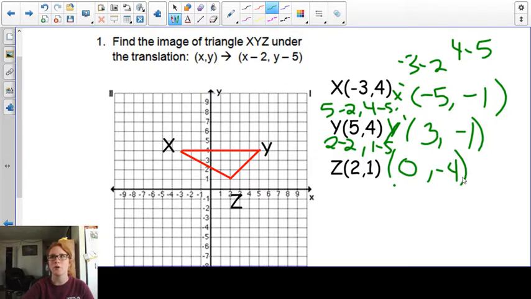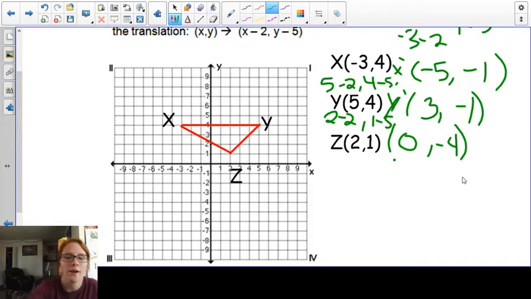So these are going to be my new coordinates. So I have negative 5, negative 1. I have 3, negative 1. And I have 0, negative 4.